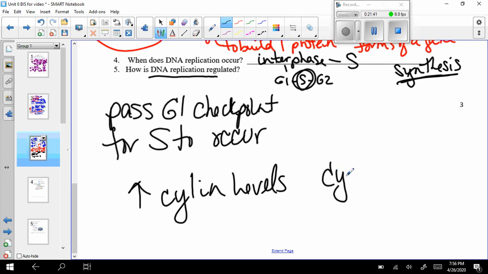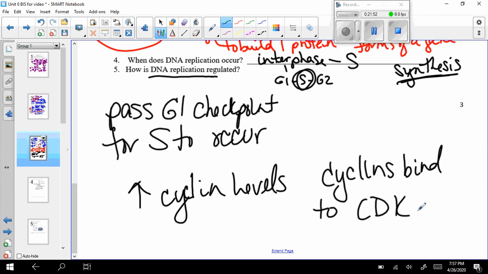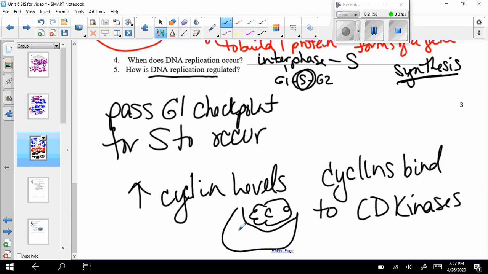Cyclins bind to CDKs, cyclin-dependent kinases. I remember last unit I was drawing, here's my cyclin and here is my CDK. And together, when they're like this, it is on.